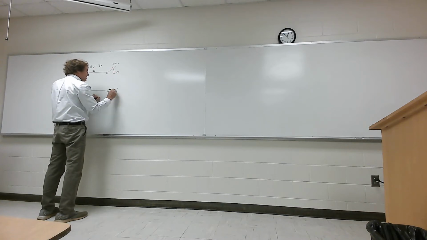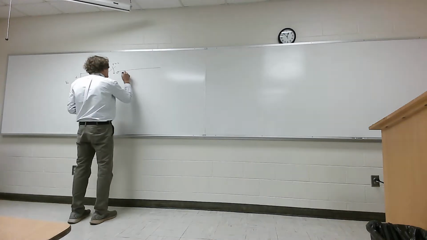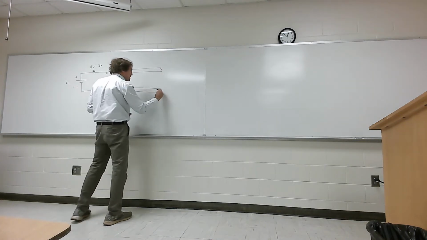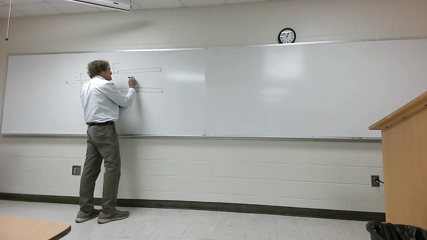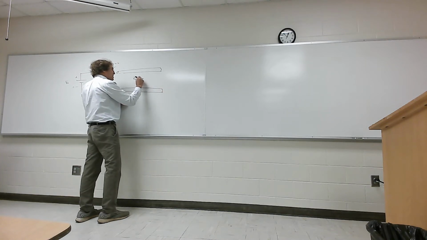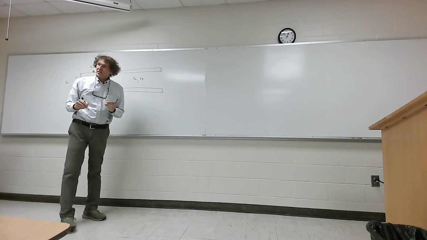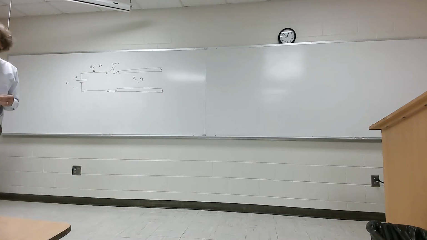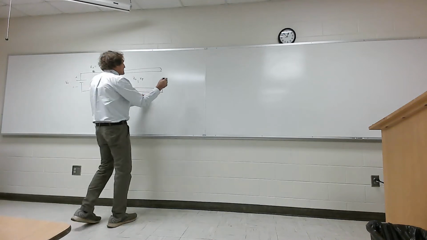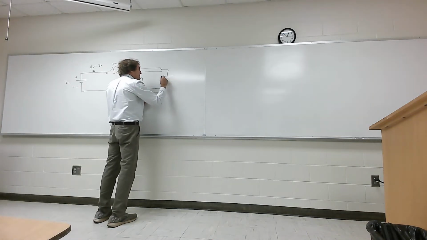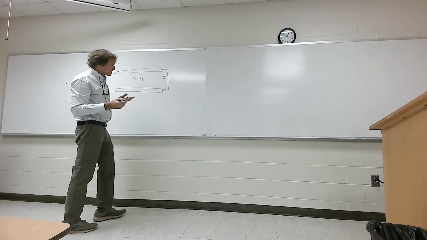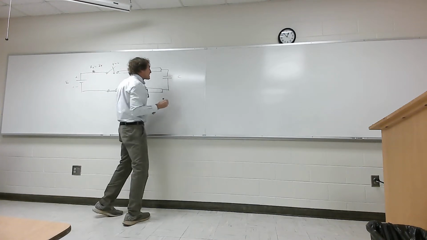Now I'm going to put my transmission line here. It has a characteristic impedance Z0 and a phase velocity V phase, probably like the speed of light divided by 5 or divided by 2. Then over here, I'm going to put a capacitor. It's just going to have a capacitance C.